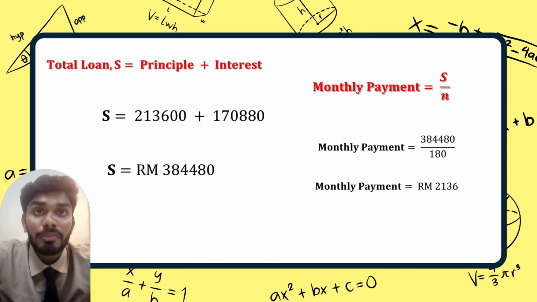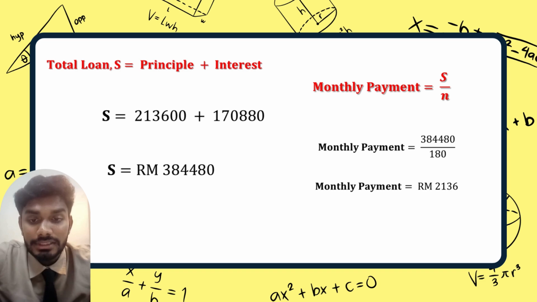The next stage is to find the total loan for Gloria's house.